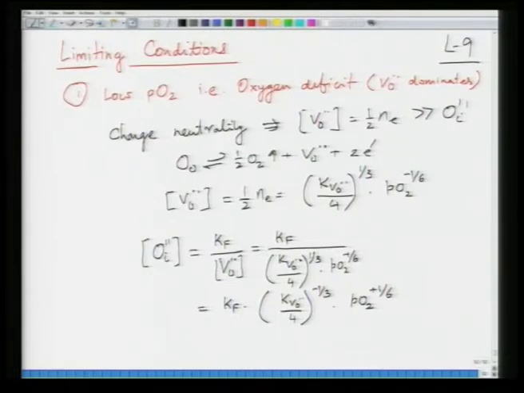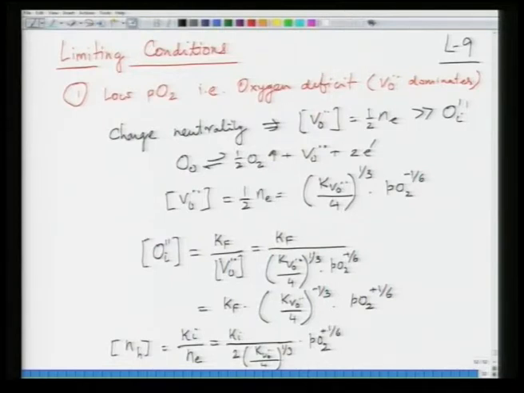And from the intrinsic ionization reaction you can work out the concentration of holes. So, NH would be Ki divided by Ne. Now, Ne concentration is given by the equation that we worked out. So, Ki divided by 2 into KVO divided by 4 to the power 1 by 3 multiplied by PO2 to the power minus 1 by 6.